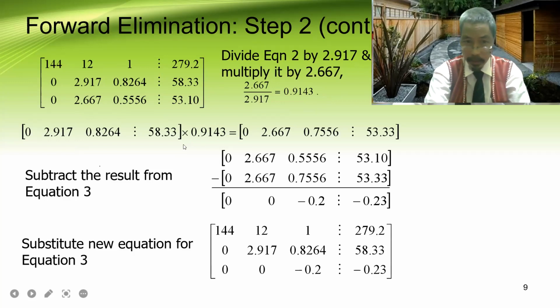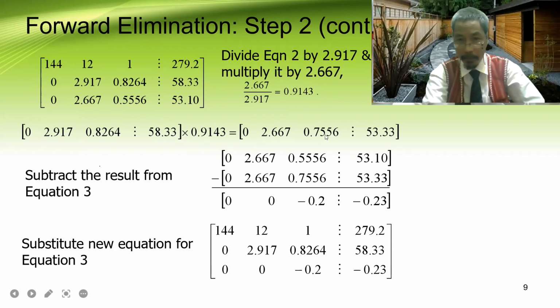And that is to be multiplied to the second equation. Multiply this to the second equation, and it will become 0, 2.67, 0.7556, and 53.33. So this is our manipulated equation number 2. Let us subtract this from equation number 3, which is 0, 2.67, 0.5556, and 5310.